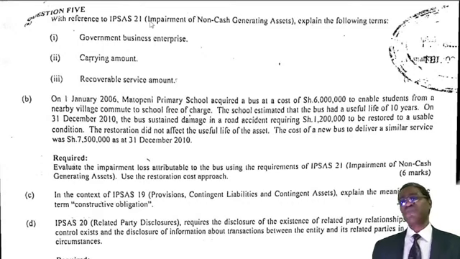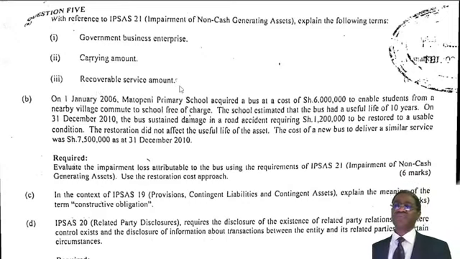It says, with reference to IPSAS number 21, impairment of non-cash generating assets, explain the following terms. 1. Government business enterprise. 2. Carrying amount. 3. Recoverable service amount.